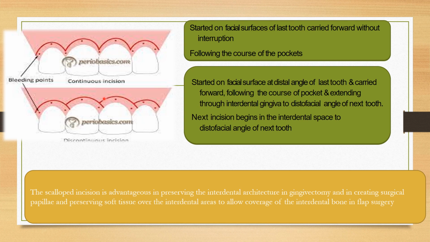The incision begins in the interdental space to the distofacial angle of the next tooth. Always this will be a scalloping type. That is why it is advantageous in preserving the interdental architecture in gingivectomy, in creating a surgical papilla, and in preserving soft tissue over the interdental areas to allow coverage of interdental bone in flap surgery.